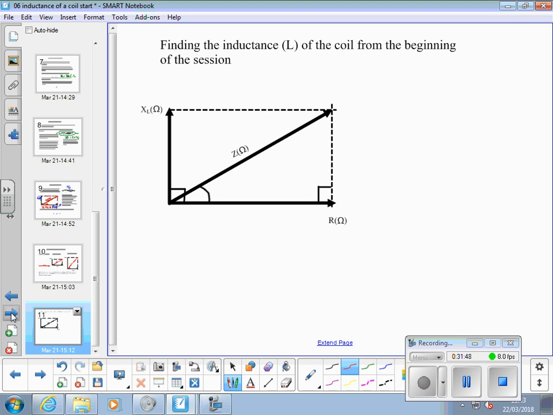Let's use our measured values. So, DC, what volts did we apply? 6 volts. What current did we measure? 0.89 amps.